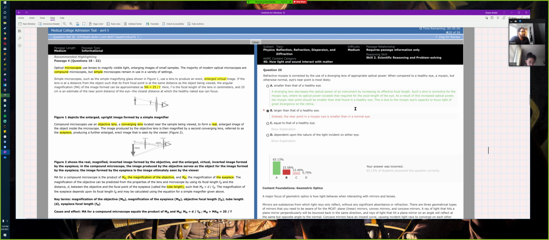And the passage said in the second paragraph that the near point is the closest distance at which the healthy naked eye can focus. So I was like, that doesn't make any sense to me. Wait, where? It's under near point, which is the closest distance at which the healthy naked eye can focus. Okay.